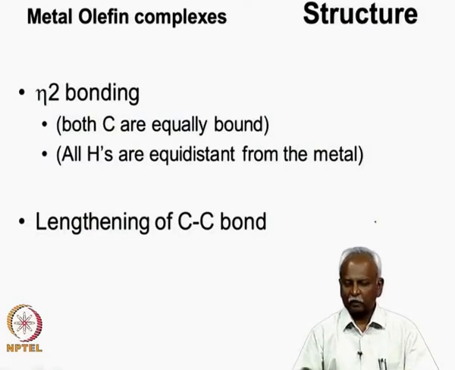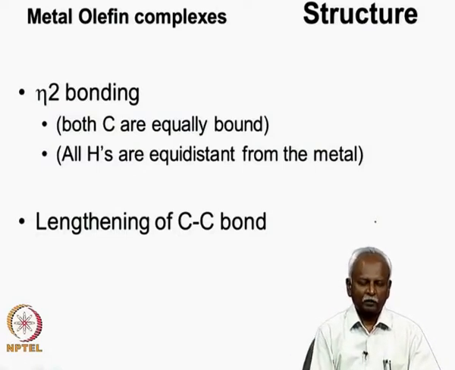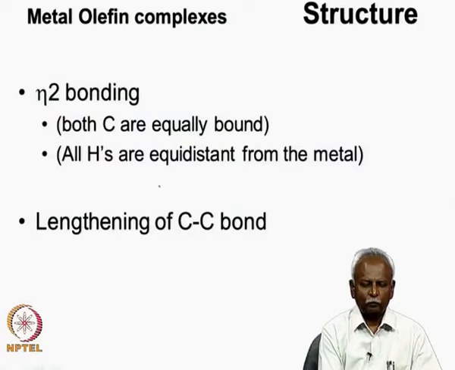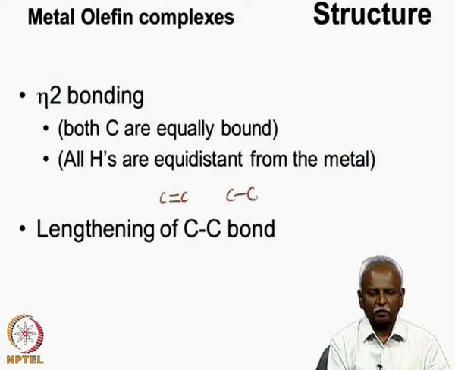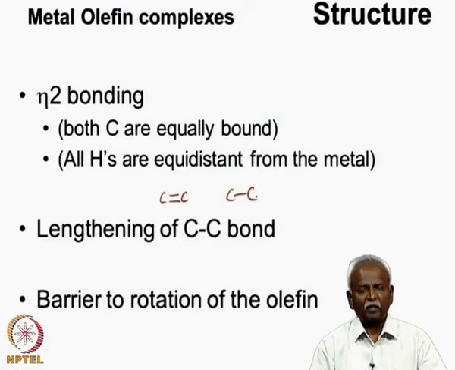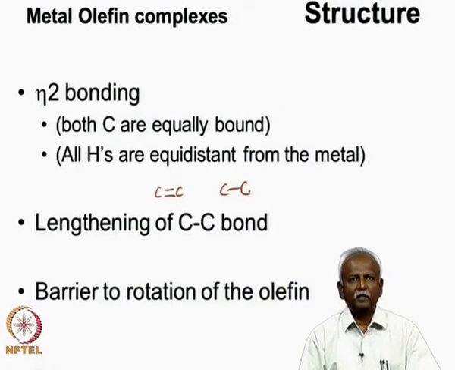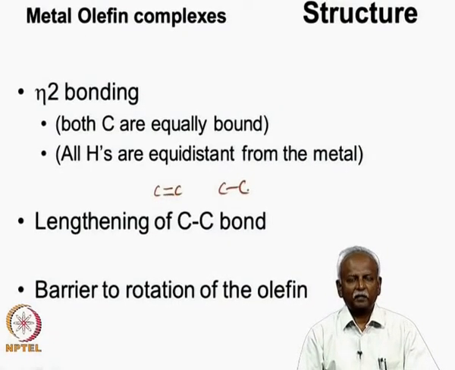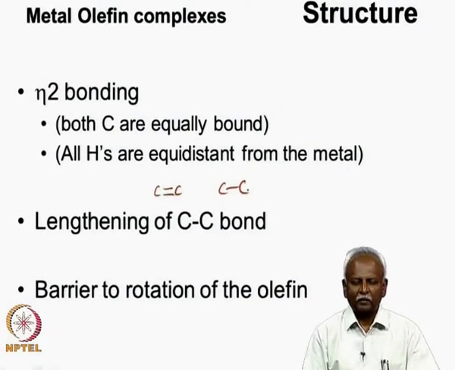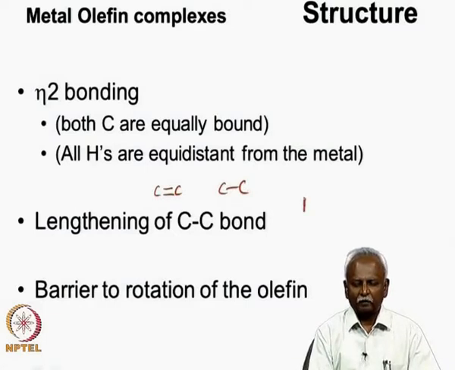So, you have a carbon-carbon bond which can lie anywhere between a C-C double bond to a C-C single bond. And if there is such a back bonding interaction, we will see in a minute that there is a barrier to rotation of the olefin with respect to the metal olefin axis.